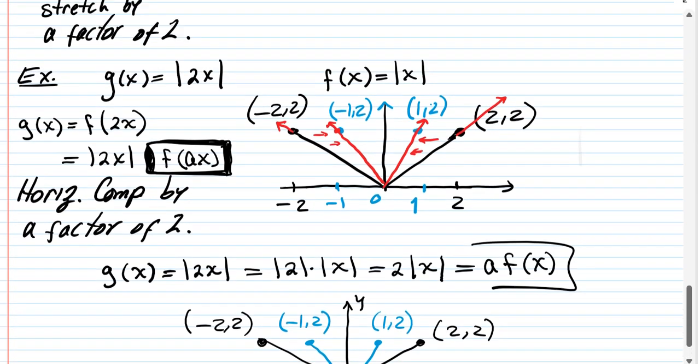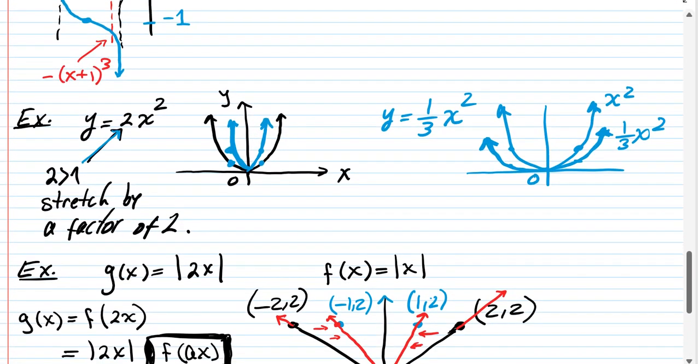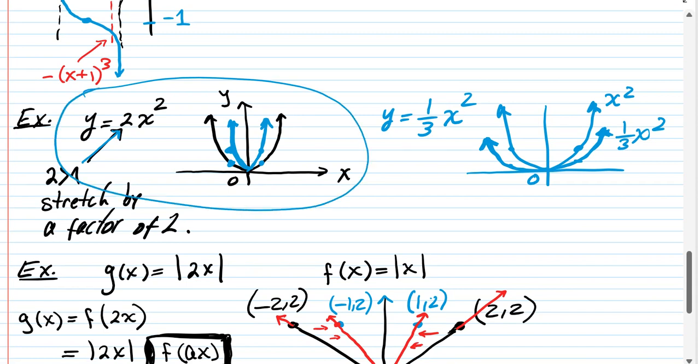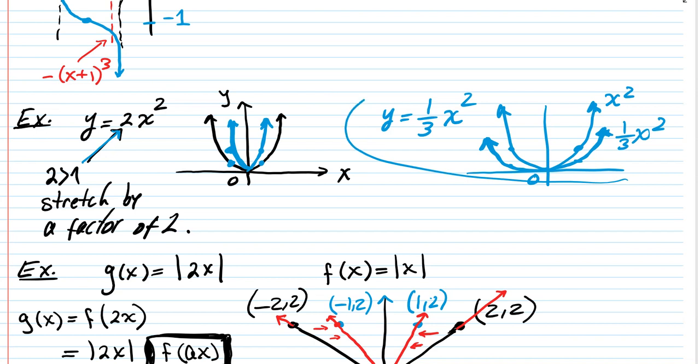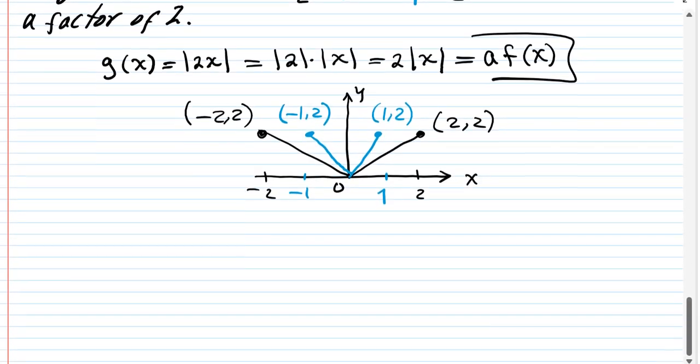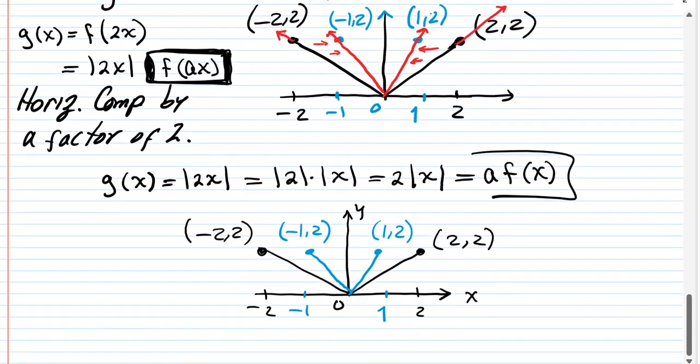And remember, the effect of vertical stretch when the factor is greater than 1 is a narrowing effect. When the factor is between 0 and 1, it gives it a widening effect. So in this case, it narrows, right? So here's a case where we have a narrowing effect.